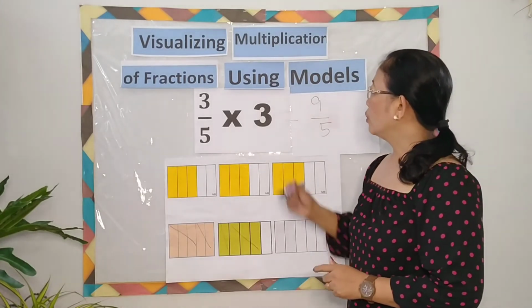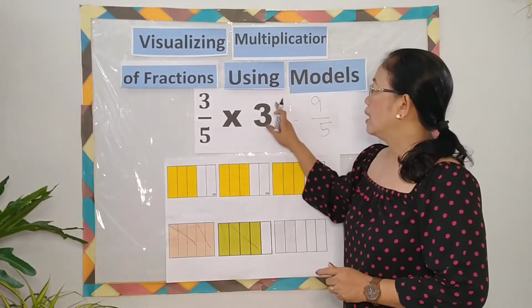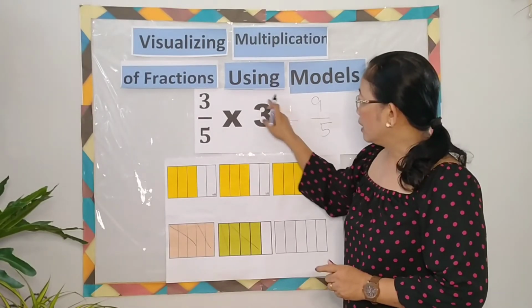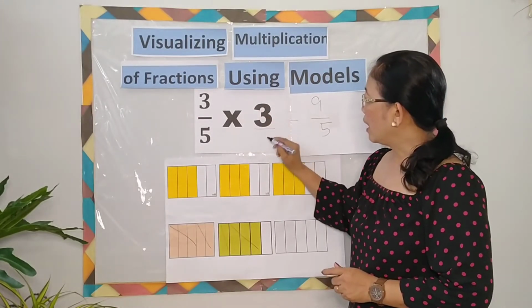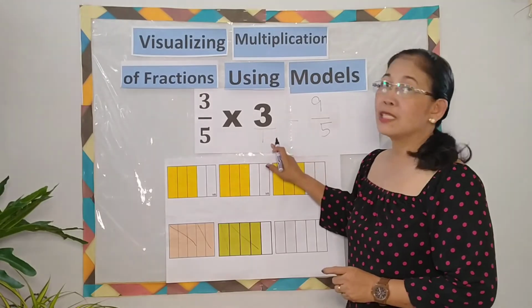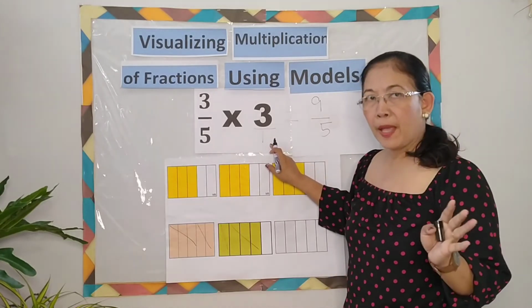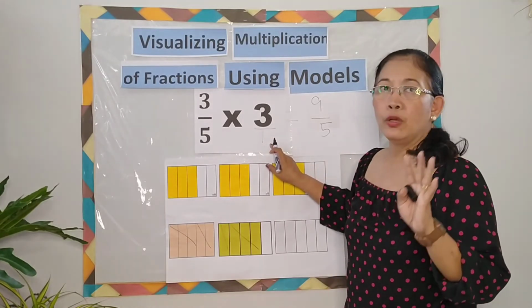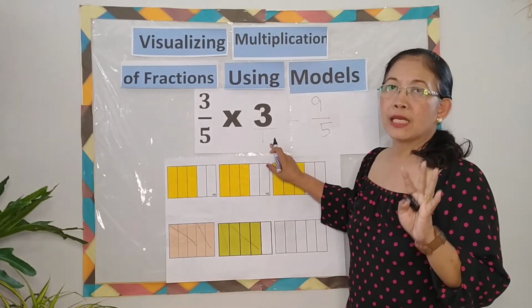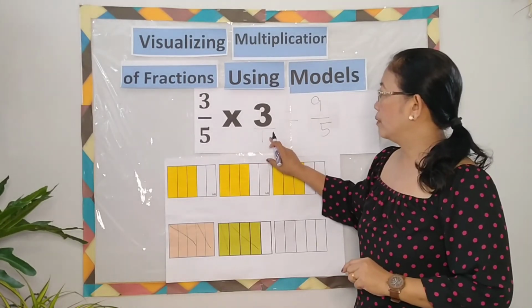Let's go to the process. The denominator of 3 is 1. This is hidden. Remember, every whole number has a hidden denominator of 1.